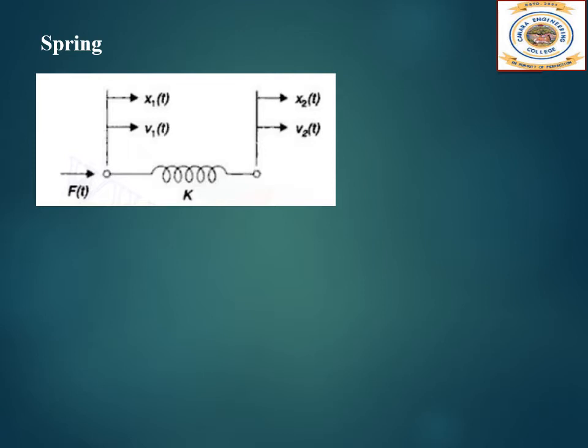Here you can see x1 and x2 are the two displacements, and v1 and v2 are the velocities at the two ends. The force is proportional to the displacement, and k is the constant of proportionality. So the force is k into x1 of t minus x2 of t.